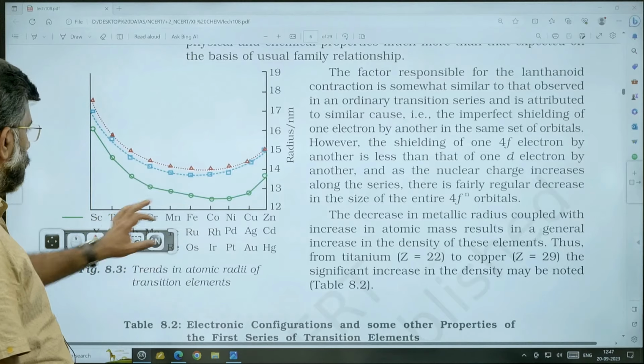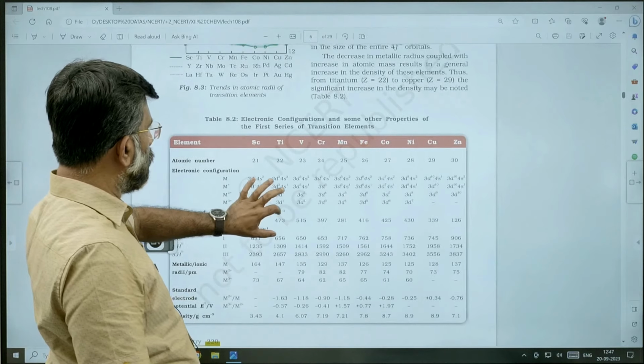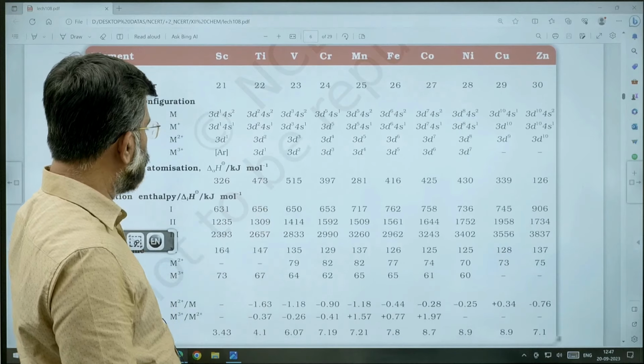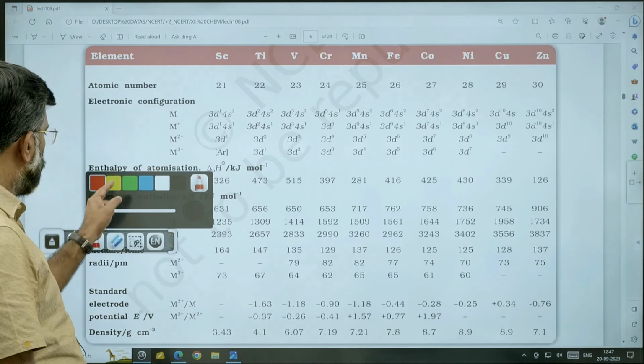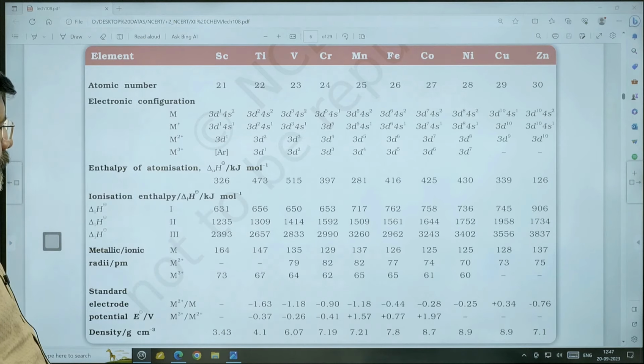Now, what other properties? There is a talk on electronic configuration and some important properties of 3d series elements.